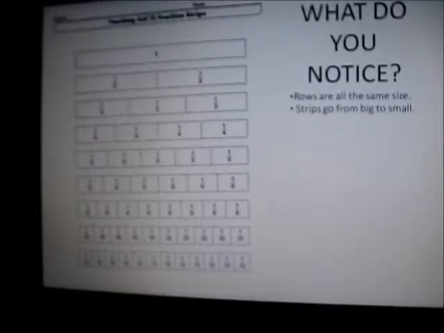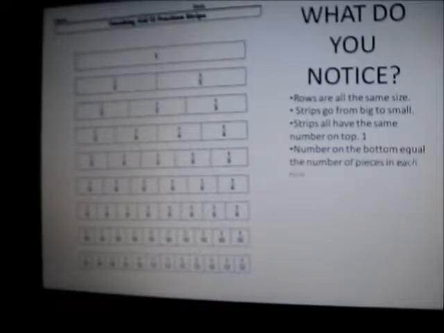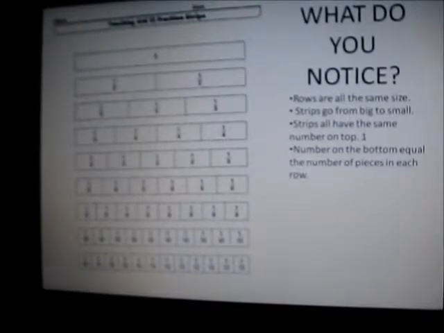The strips go from big to small. Strips all have the same number on top, the number 1. The number on the bottom equals the number of pieces in each row.